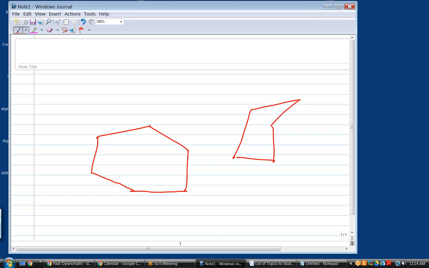Hold on. I hate giving out answers without knowing. I'd hate to give you wrong information. I think concave is the one on the left. And I think convex is the one on the right. Okay. Hold on.